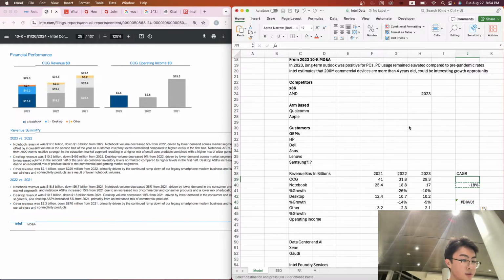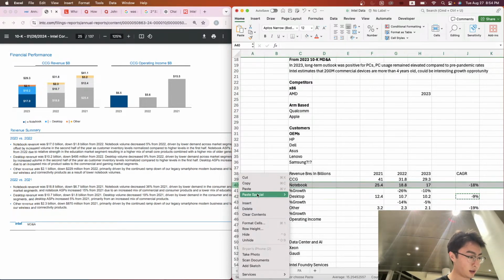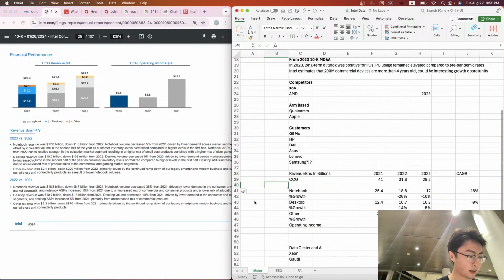Maybe you could do this. Okay, might have to change that later. Yeah, so we see some big structural decline in the client compute group. That is unfortunate.